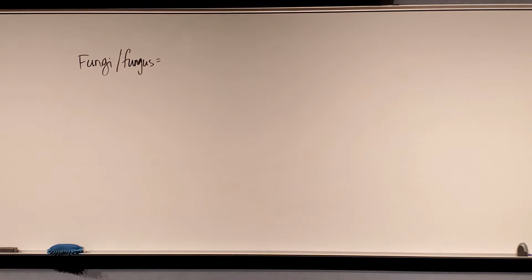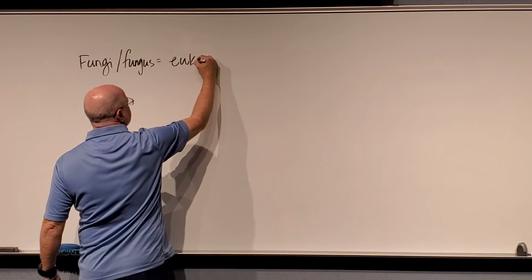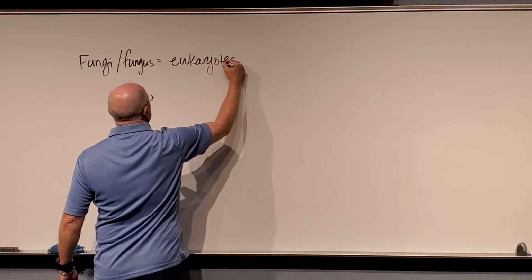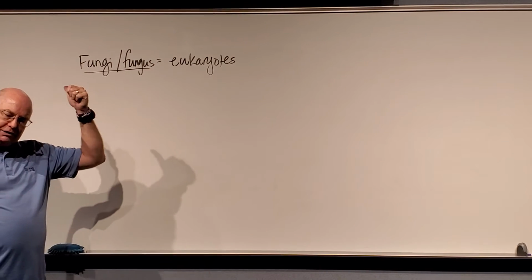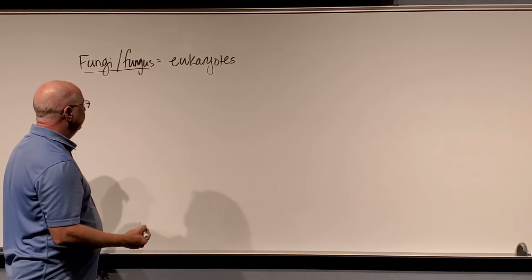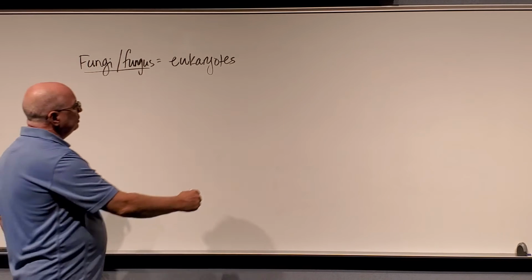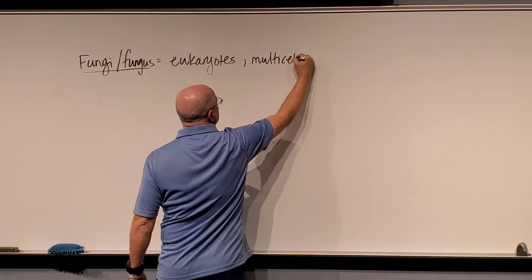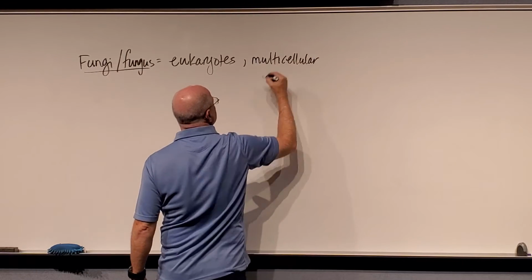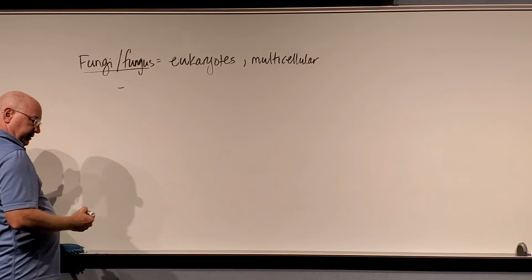So, now one of the things we know about fungi is that these are eukaryotes, for sure. And because of our previous lecture, you know that eukaryotes have a membrane-bound nucleus and many membrane-bound organelles, okay? Another important feature of fungi is that they're multicellular, usually. A couple of other things about fungi, okay?